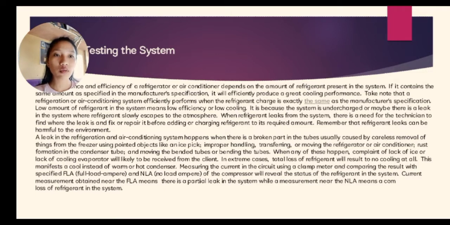The comparison will yield the status of the refrigerant in the system. A current measurement near FLA means a partial leak in the system, while a measurement near NLA means complete loss of refrigerant in the system.